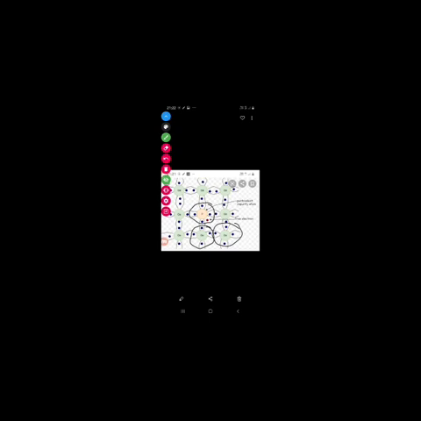Out of these 5 electrons, 4 electrons are getting bonded to germanium. So here we have 1, 2, 3 and 4. These 4 electrons are bonded to germanium, whereas out of the 5, 1 electron is free.